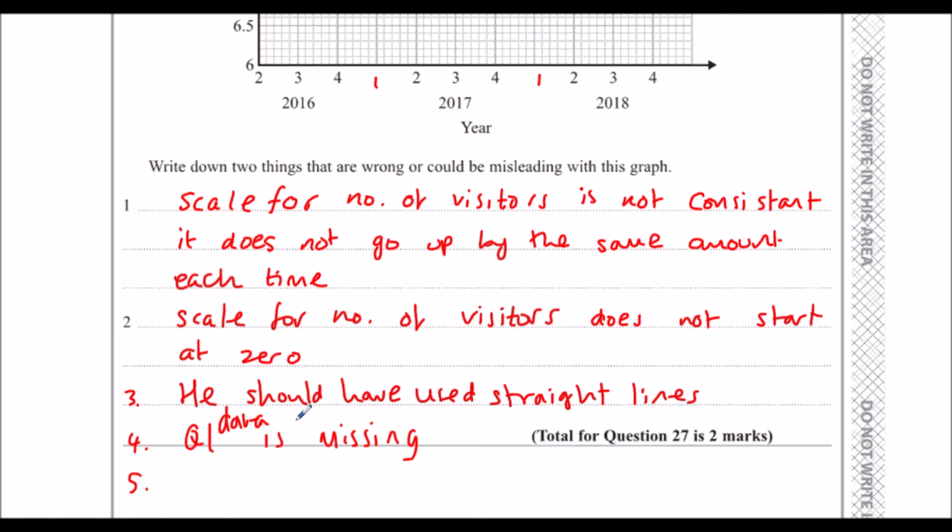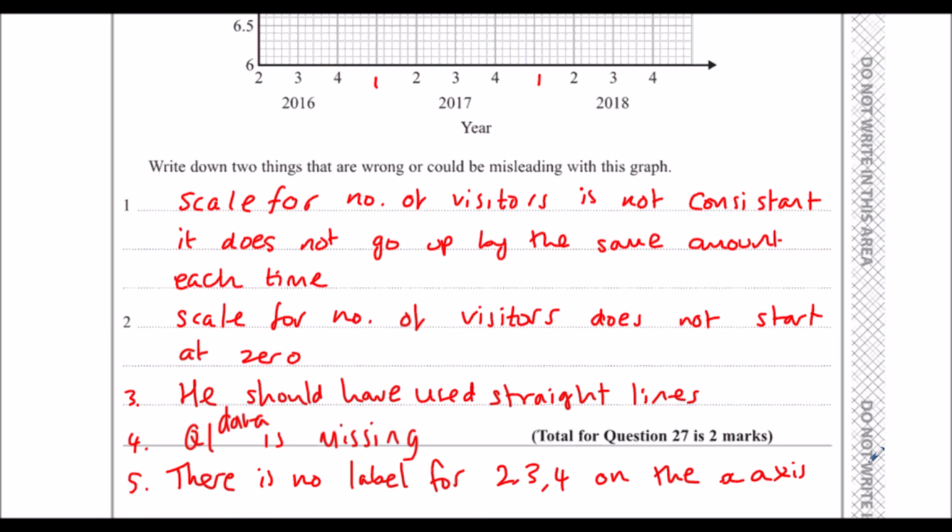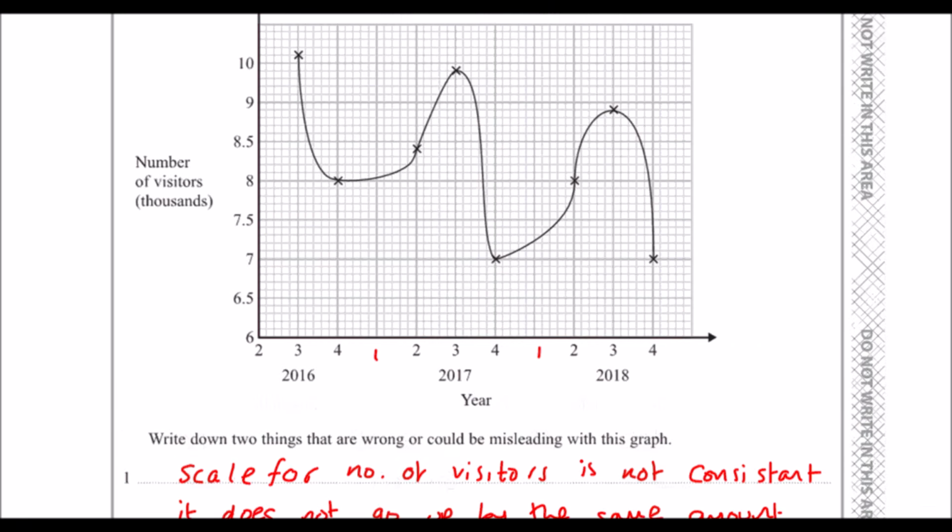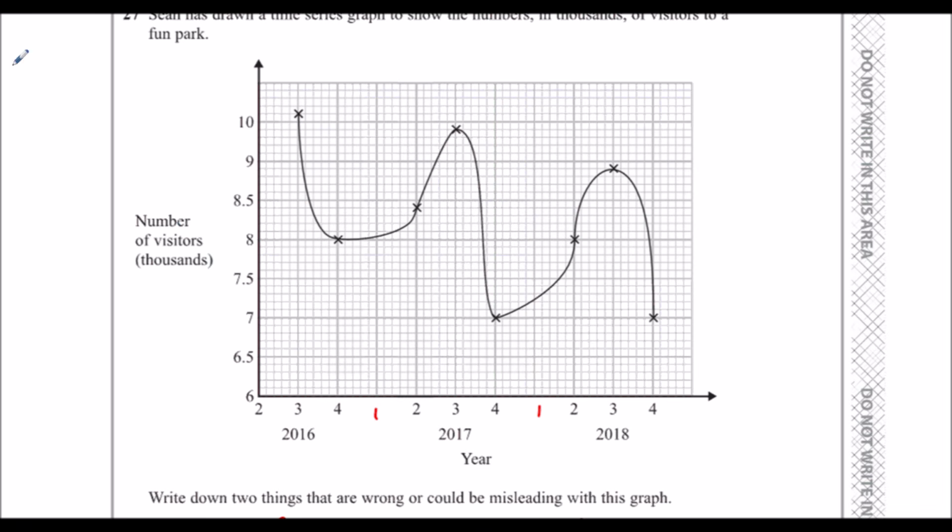Or we could say there is no label for the 2, the 3, and the 4 on the x-axis or for the years. So any two of those would get us the marks.